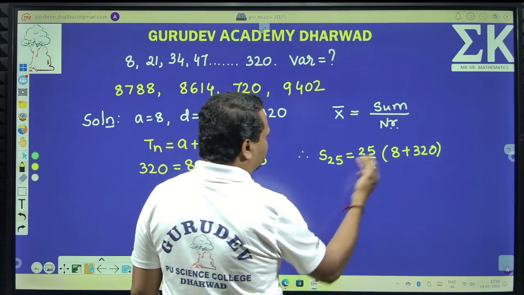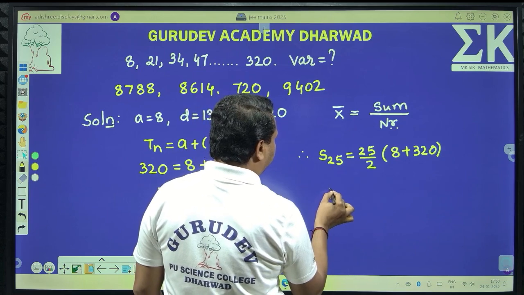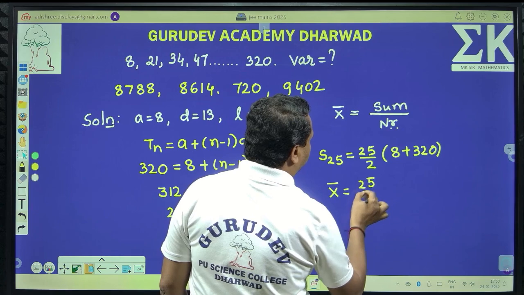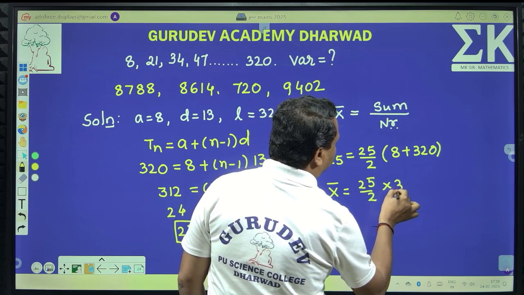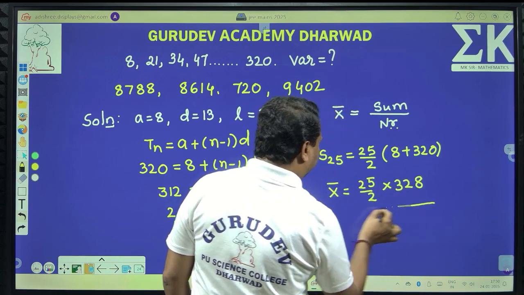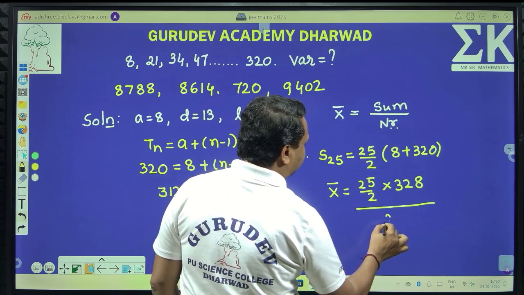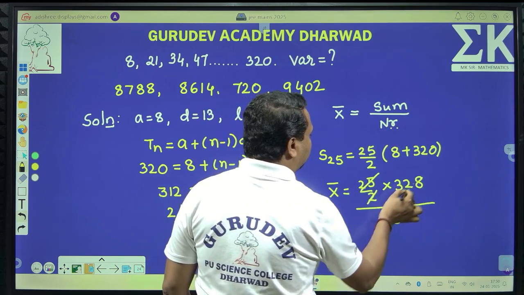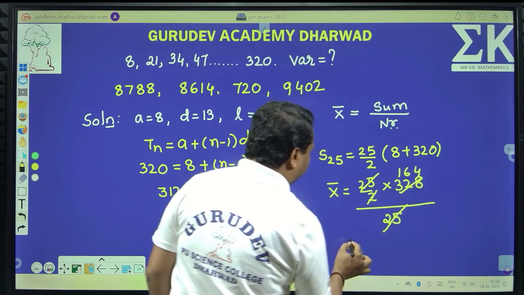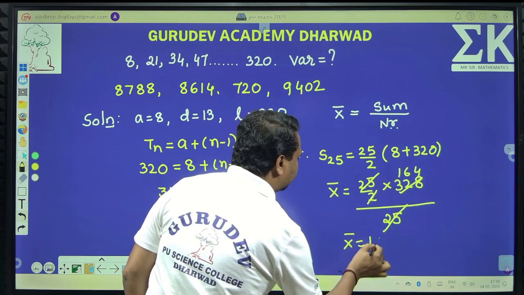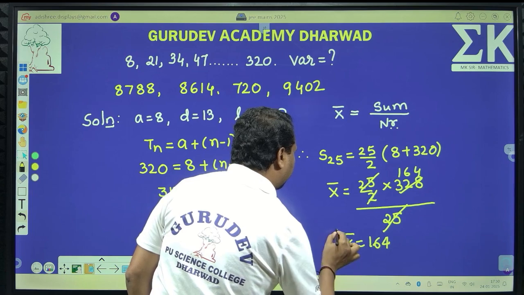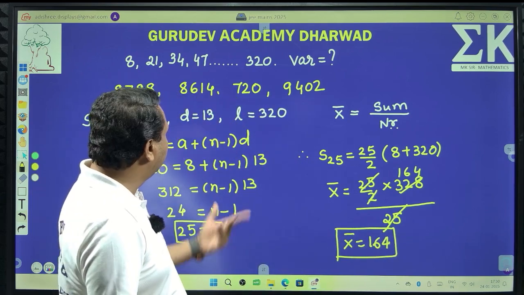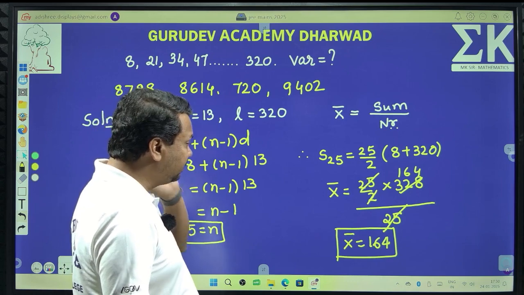Of course I can calculate it otherwise also, but I found that this could be the easiest method. Meanwhile, what is the summation here? 25 by 2 into 328 divided by the number of observations, which is 25. Therefore, 25 ones get cancelled, 2 ones are 164. Therefore, what is the mean value? 164. Clear? Now we found the mean value.